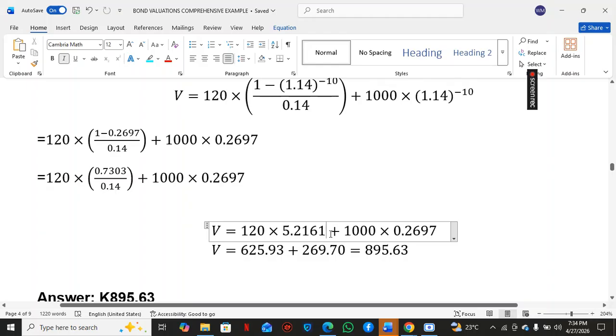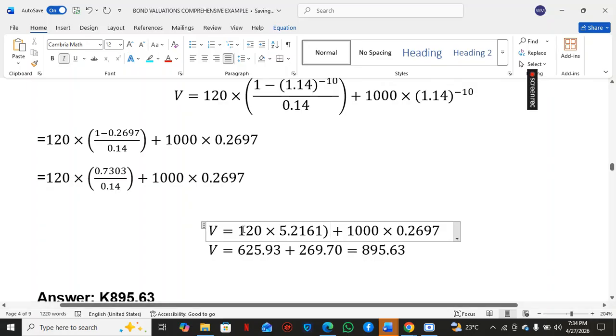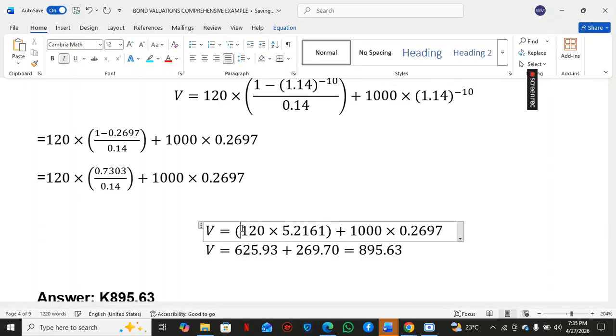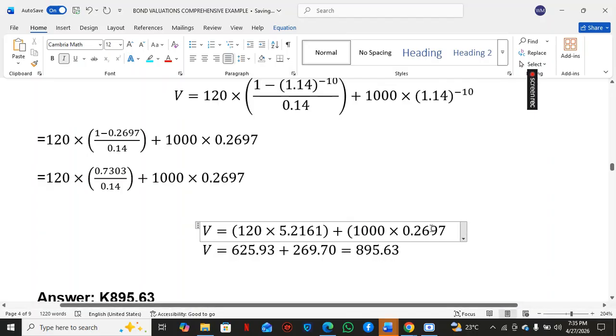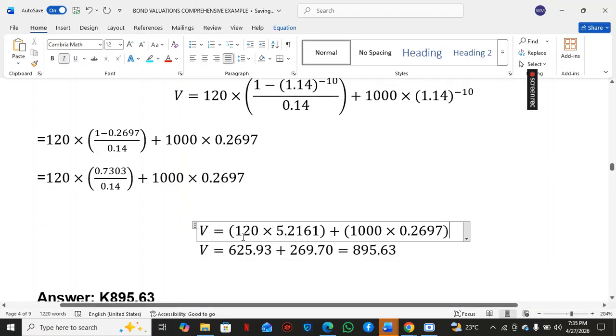Then what you're going to do is multiply 120 by 5.2161, and you're also going to multiply 1000 by 0.2697. 120 times 5.2161, you get 625.93. 1000 times 0.2697, you get 269.7.